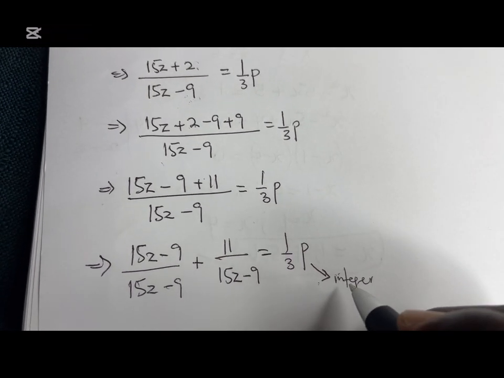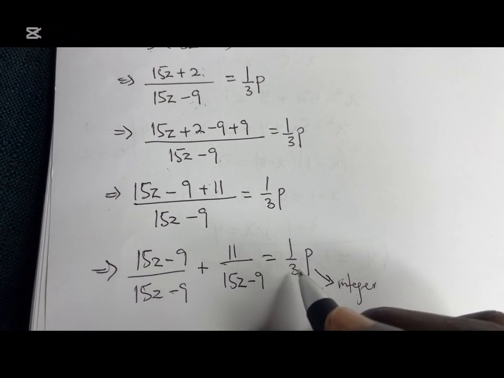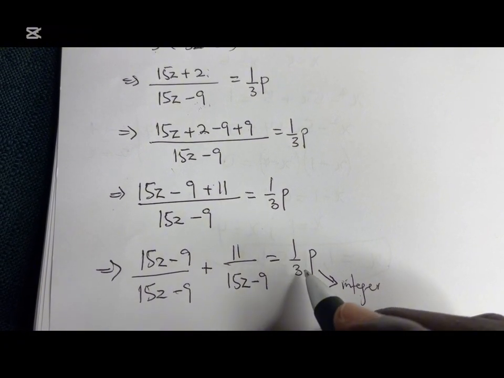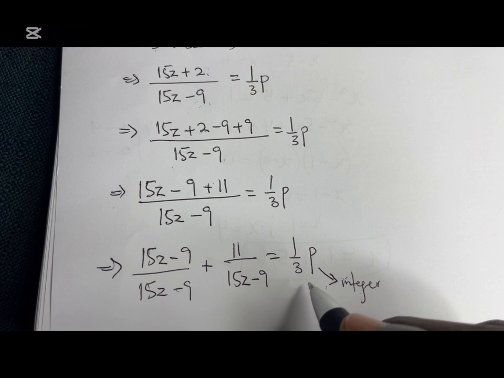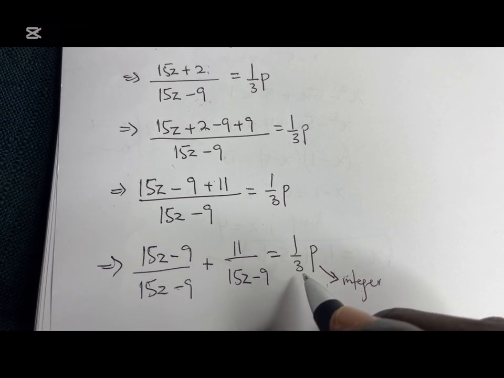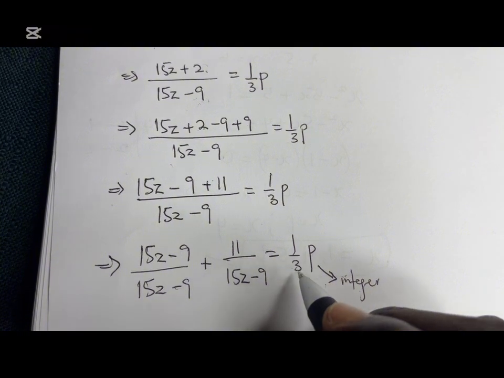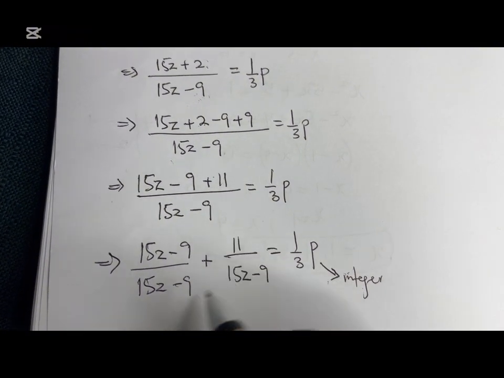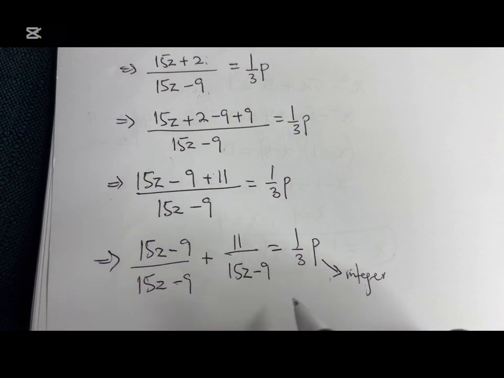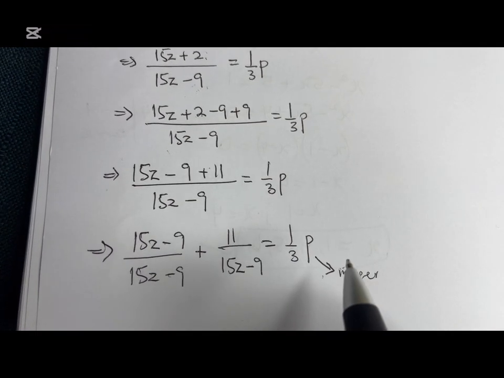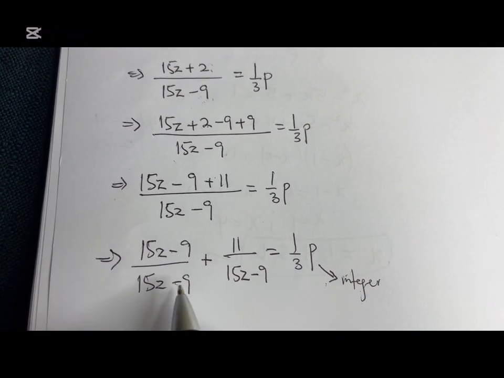If it should be an integer, we are supposed to clear this fractional multiplier. In order to clear the 1/3, we multiply through by 3. Since it's an equation, whatever we do to the right hand side we do to the left hand side.